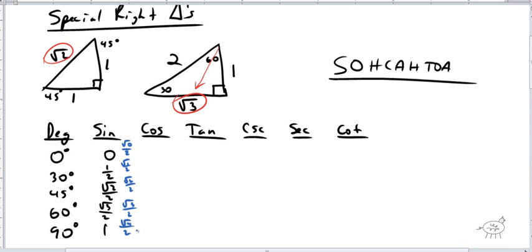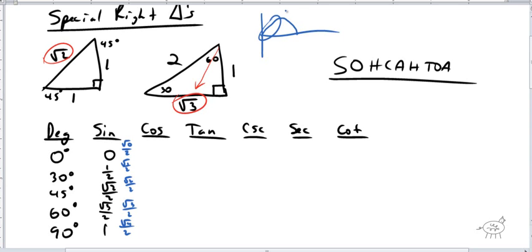And not that we're going to get into it until chapter 4, but the way sine looks, sine starts at 0. You have to know that sine starts at 0, and it goes up to, we're only doing this part today, it goes up to 1. That's really, really important. It goes 0, root 1 over 2, root 2 over 2, root 3 over 2, root 4 over 2, or 1.